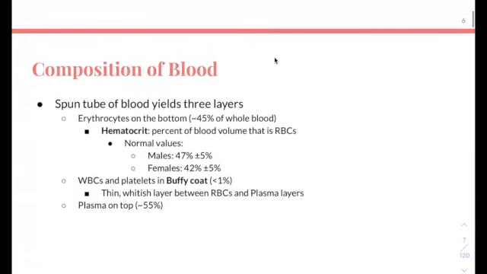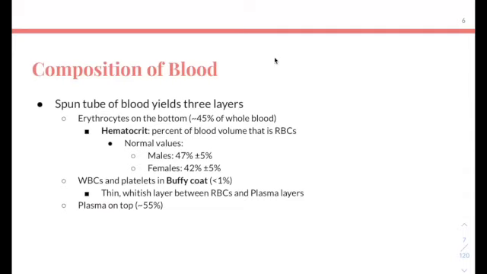So, if they were to use a centrifuge after blood is drawn, a lot of times, to speed up the process, they use a centrifuge to help separate the red blood cells from the plasma because they use plasma to test a lot of different things.